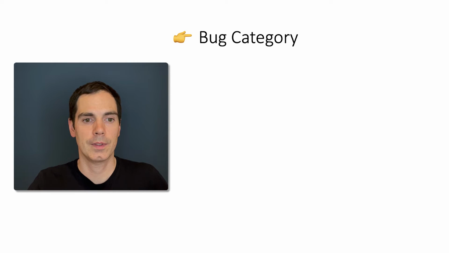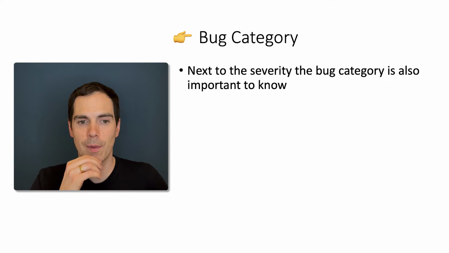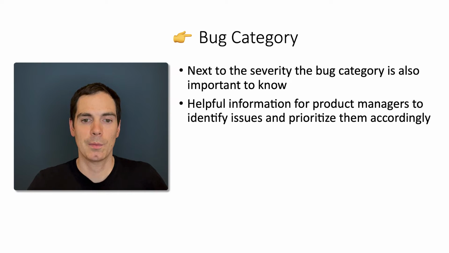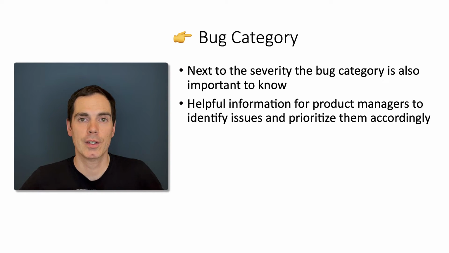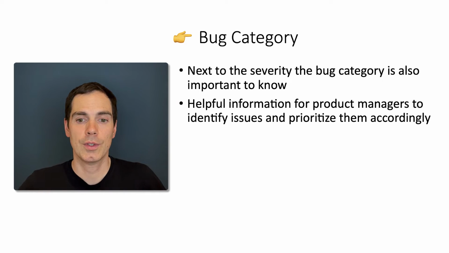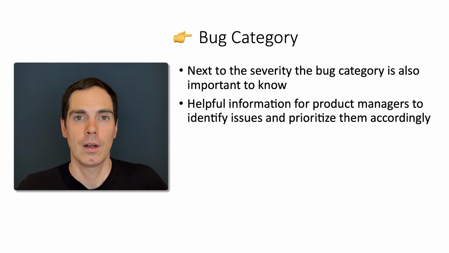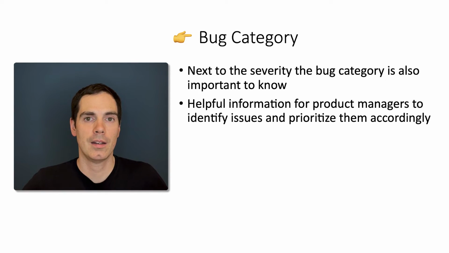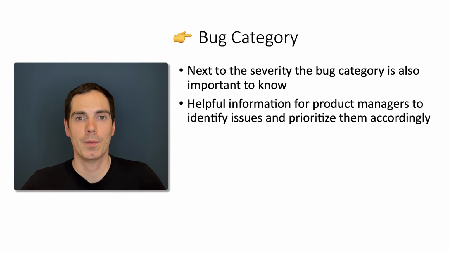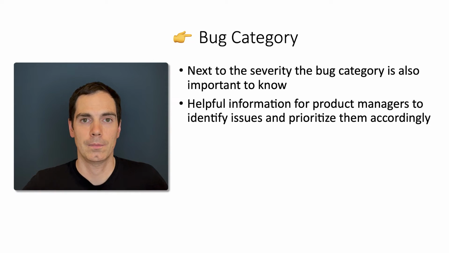Bug category. Yes, it's important to add this information. Next to the severity, it's also important to know what kind of category the bug goes into. It's helpful, especially for product managers, to identify issues and to prioritize them accordingly. So let's say you find 10 UI issues, 5 performance issues and 7 app crashes.